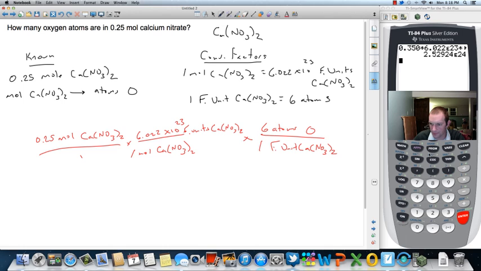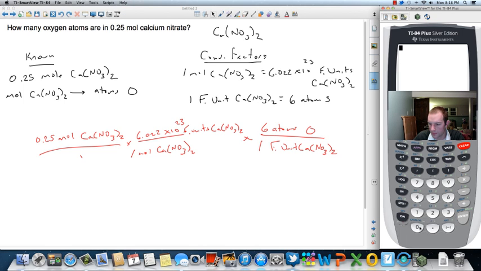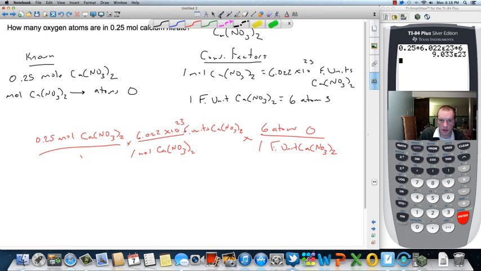We can see 0.25 times 6.022 times 10 to the 23rd times 6 equals 9.03 times 10 to the 23rd atoms of oxygen.